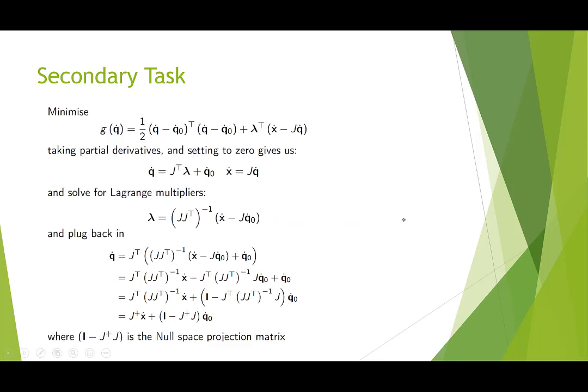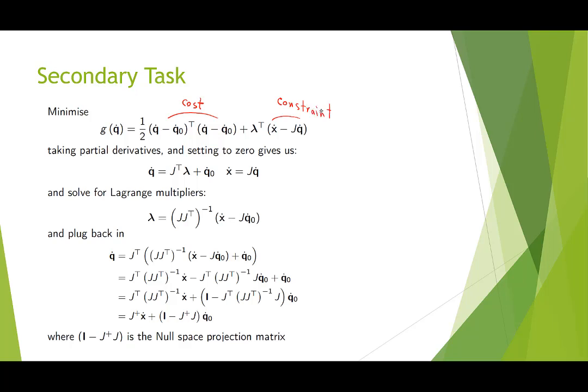We follow the Lagrange procedure. We consider this is our cost function that we define now, and this is our forward kinematics that we use as a constraint. We need this to be always satisfied.